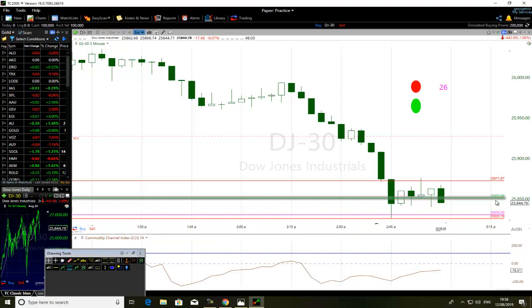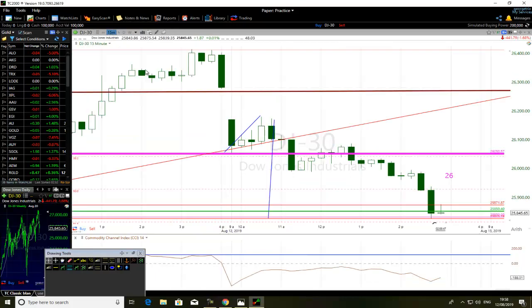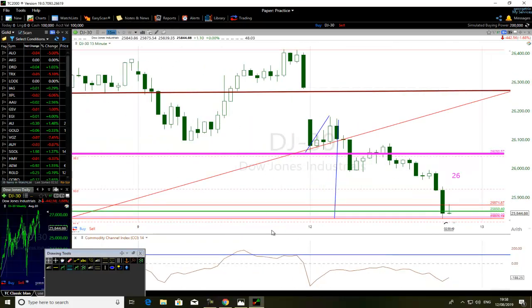Back below my entry point. Still under pressure. Going to quickly look at the 50-minute time frame. Can you see the buy? It's not yet closed.